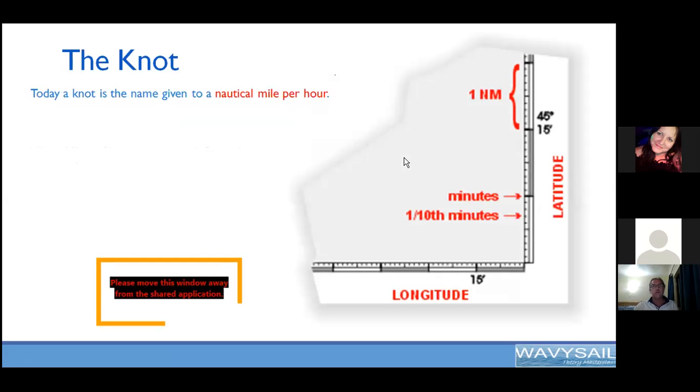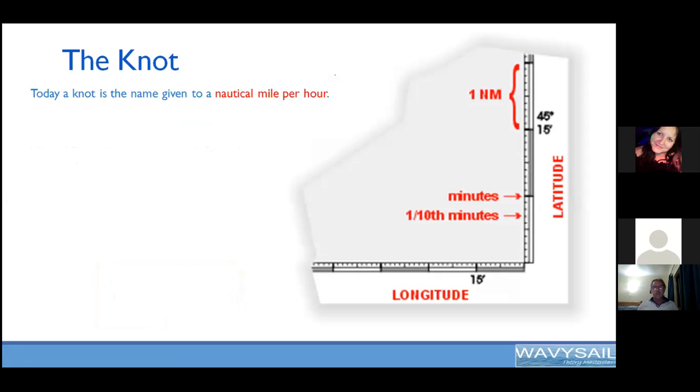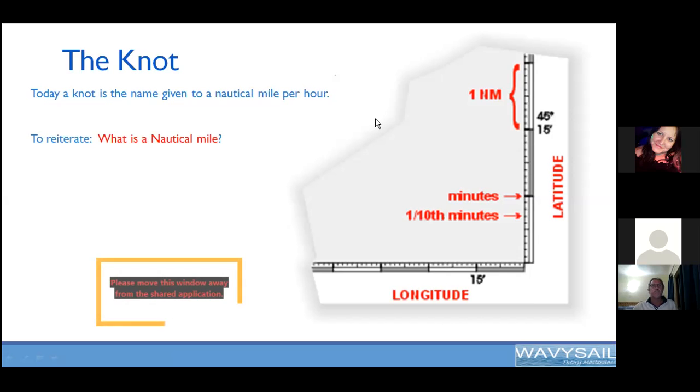What really is a knot? It's basically a nautical mile per hour. Note the word I'm using, nautical, each time. A nautical mile is quite different to a statute mile. So when you climb onto a motorway in England and it says 12 miles to go, it has nothing to do with a nautical mile. A nautical mile, okay, is 1 minute. So basically, if you look at a nautical mile, it is 1 minute, and note the word latitude.